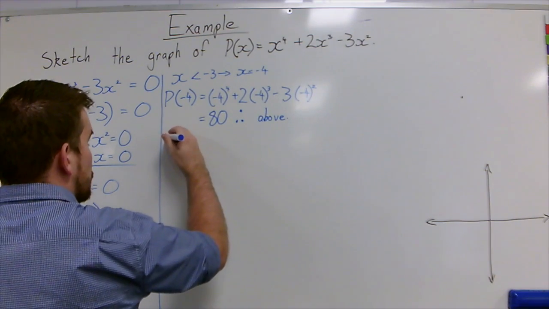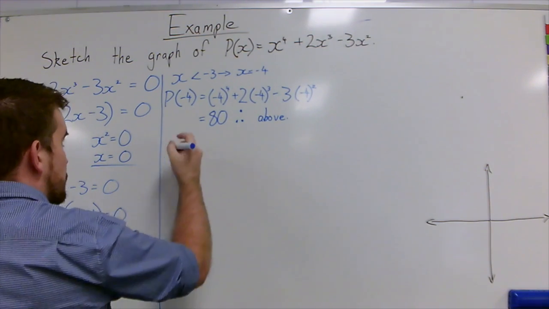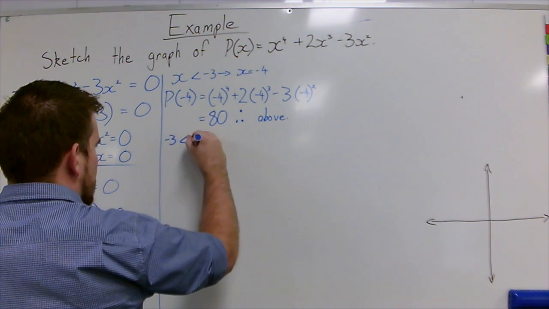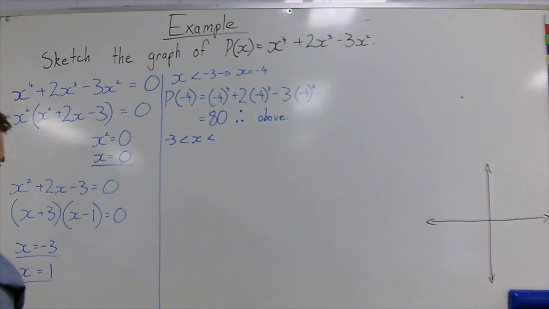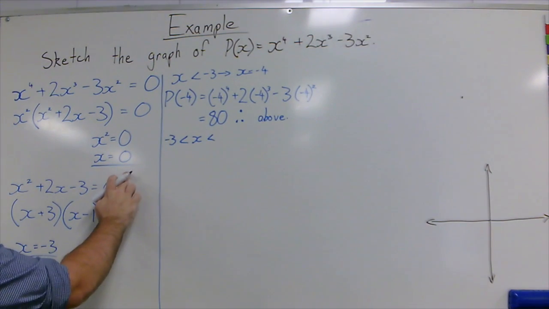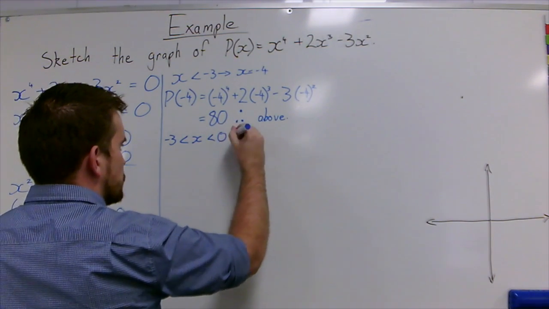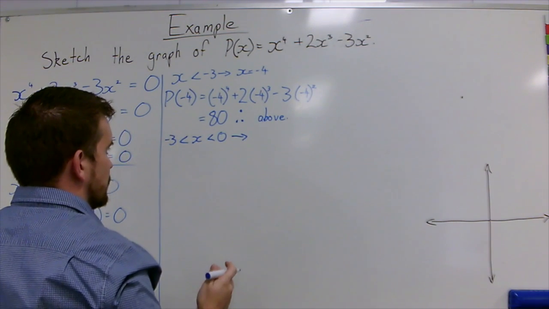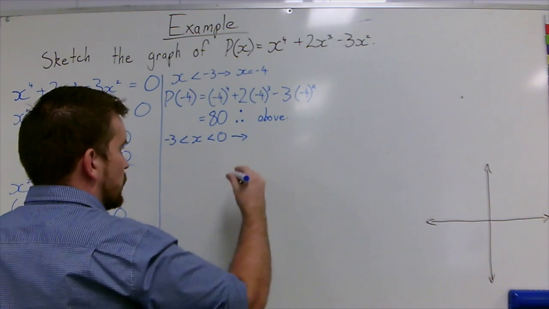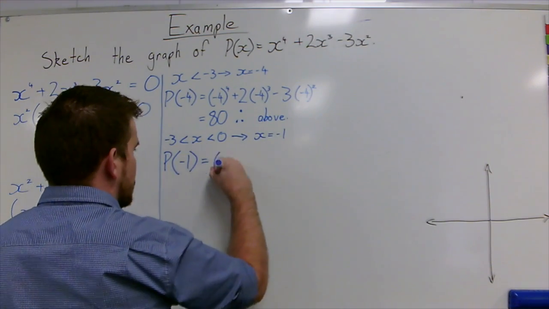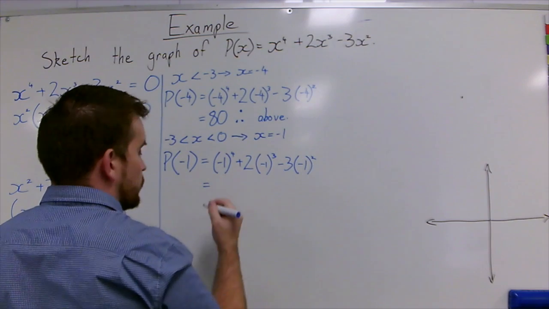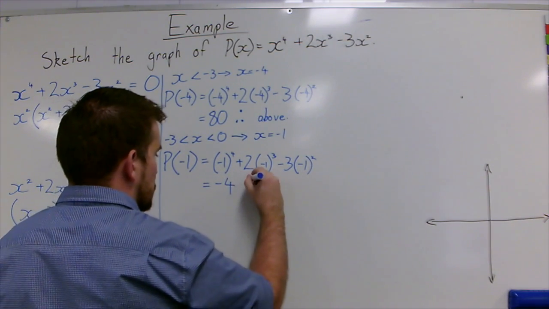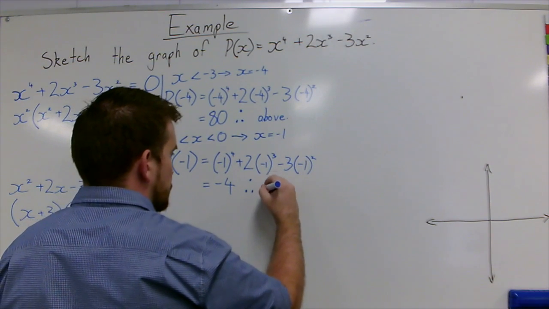Alright, we want to then check the next one, so that'll be in between. So we have minus 3 is less than x, which is less than the next point, x equals 0. I think the easiest one would be x equals minus 1. You chuck that into your calculator and you get the value of minus 4. So therefore, below.